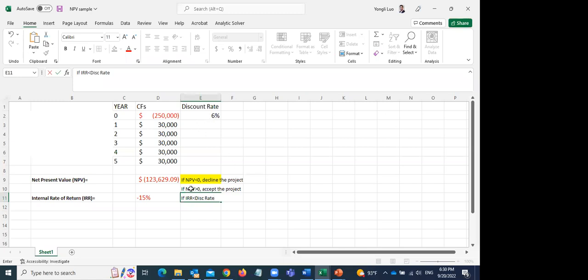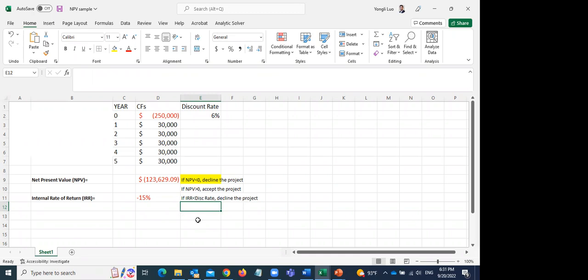Instead of 6%, I wanted to use a more general case, the discount rate. You can set your discount rate, whatever the discount rate is. So if the IRR you calculate is lower than your discount rate, you're going to decline the project.